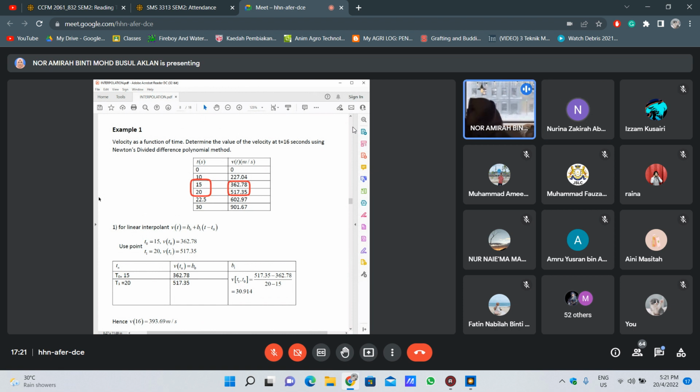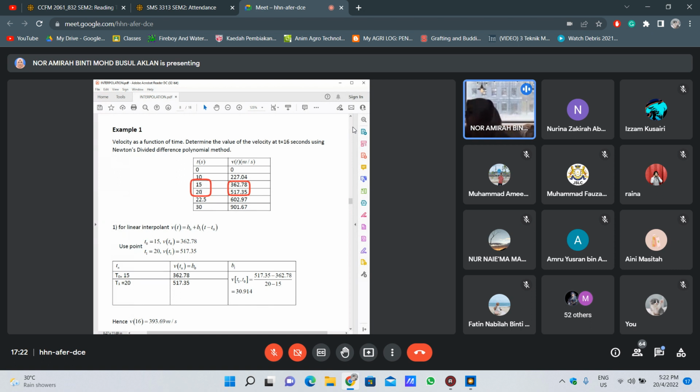Oh, so that's why we call it as interpolation, estimation. Kita estimate untuk value of 16, which is that's why at first for linear interpolant tu kita ambil the range within 15 hingga 20. So kita tak tahu dia betul ke tak 16, tapi at least dia still under the range of 15 to 20. Faham? Nombor 16 tu jatuh antara 15 dengan 20 kan?